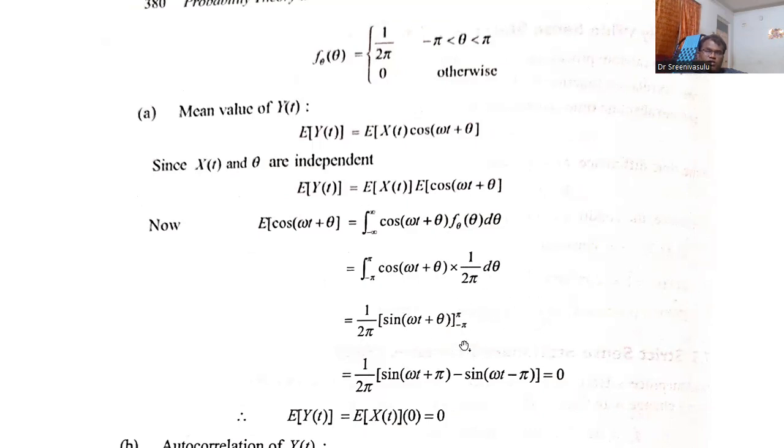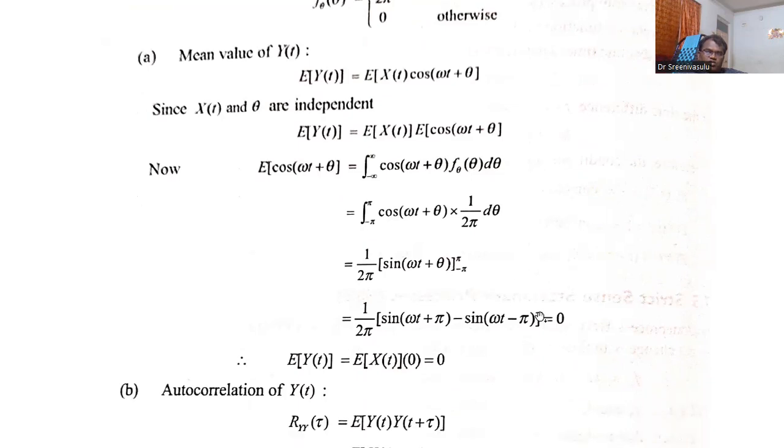Now substitute the limits: 1/(2π) times [sin(ωt + π) − sin(ωt − π)], which equals 0. What is sin(ωt + π)?